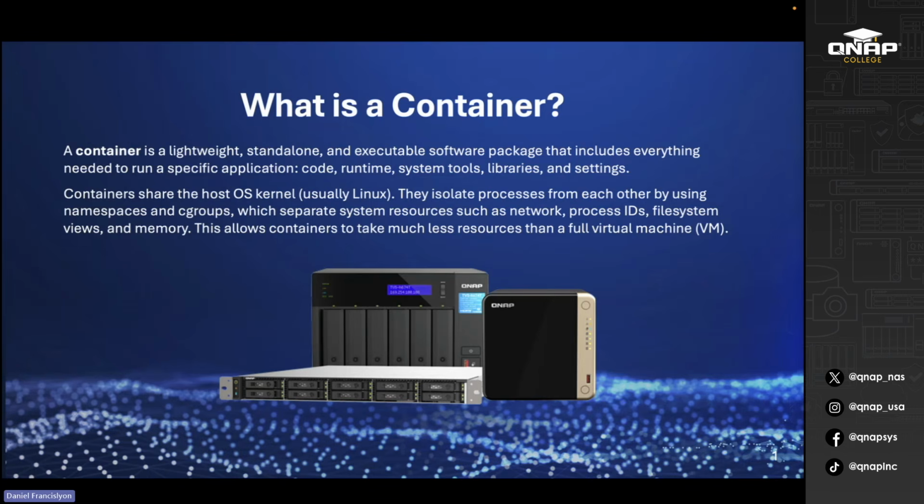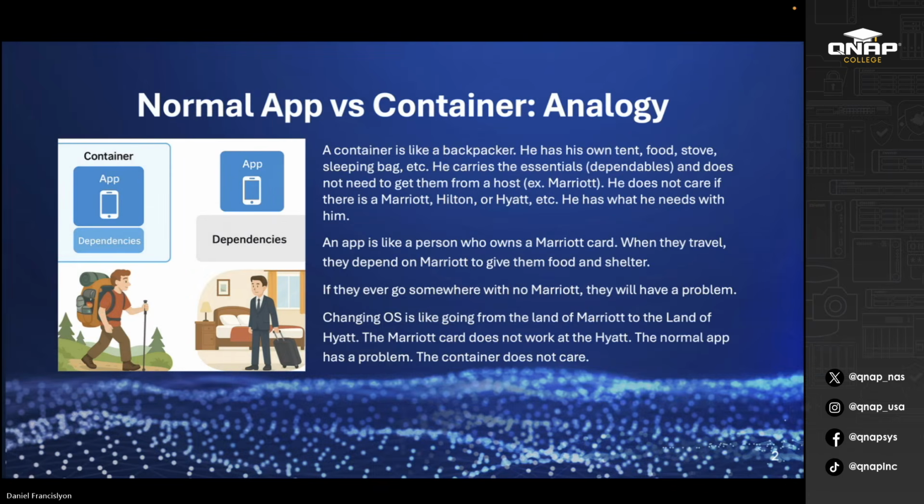So it isolates processes by using namespaces and cgroups, which separate system resources such as networks. So containers have their own IP addresses, process IDs, file system views, and memory. So it has most of the isolation of a full VM, but takes much fewer resources than a full VM.